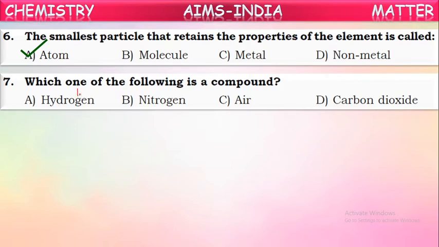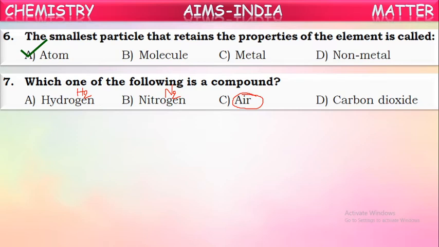Hydrogen molecule is formed from two atoms of hydrogen, so we can say it is an element. Nitrogen is also an element because it contains only one kind of atoms. Air we cannot say is a compound because air is made up of so many kinds of gases. As it contains many kinds of substances, it is called a mixture. It is not called a compound.